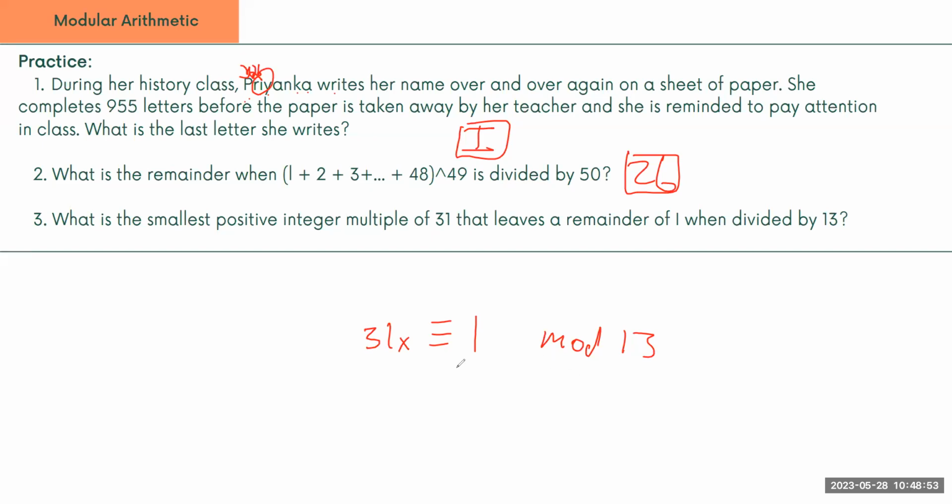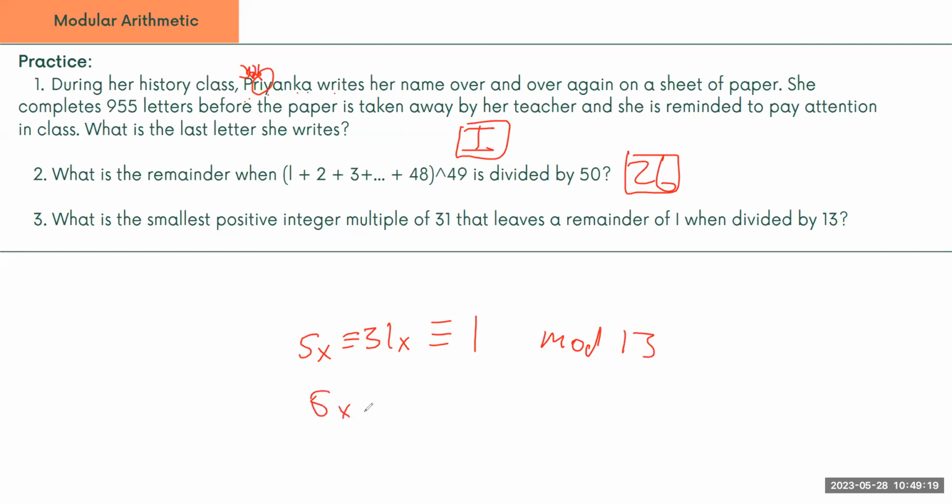In this case, this is kind of hard, but we realize that 31x, we can just say that this is 26x plus 5x. And 26x is obviously going to be a multiple of 13. So we can get rid of this and we just say 5x is congruent to 1 mod 13. So in this case, we want to make this side a multiple of 5.